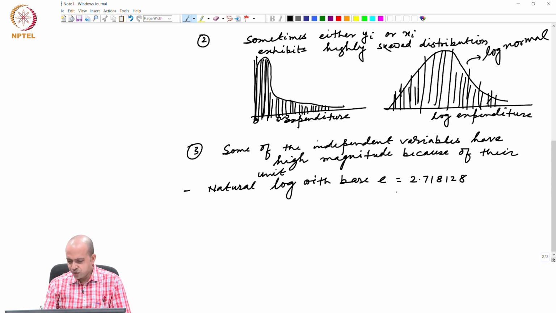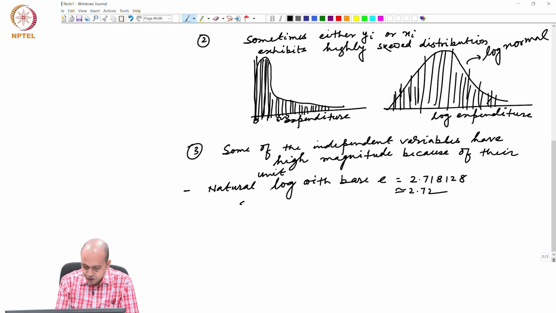Or you can say roughly 2.72. This is the natural log we are considering here with base e, and some important properties of logarithm would be useful to understand the interpretation of your beta hat.